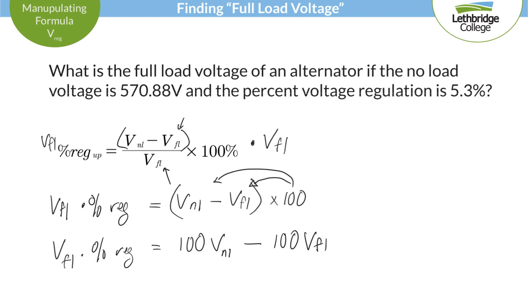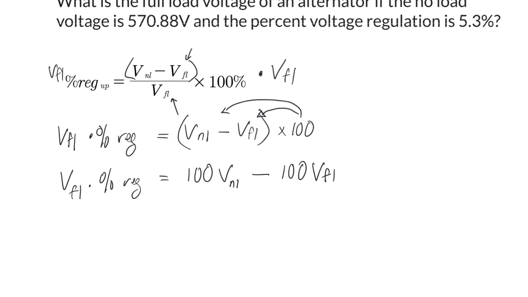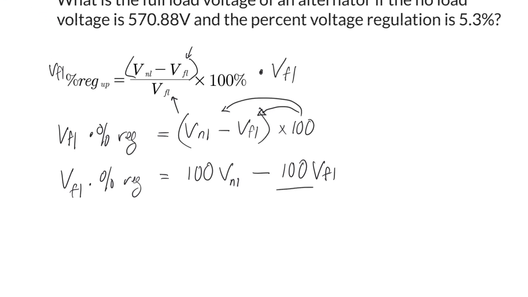Okay, so I'm finding myself with a problem. It's not a real mess, but what I'm wanting to solve for is also over there in that term. So there's two of them. The trick that you want to do is get both of those on the same side of the equal sign and then factor one of them out.